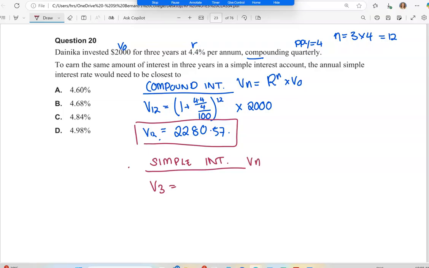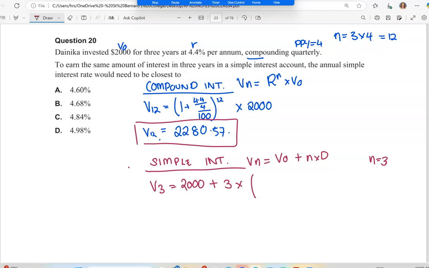So remember the nth term for simple interest is V0 plus N times D. So in this case, N is 3. So if I wrote out the formula, it would be 2,000 plus 3 times D. Now, D, I don't know. But I can use the formula for D.